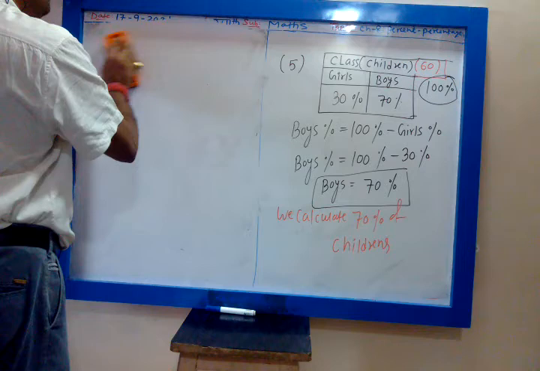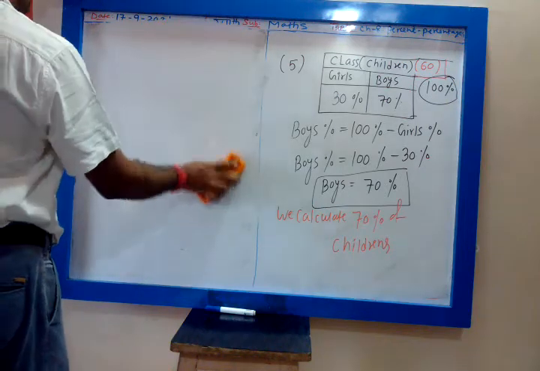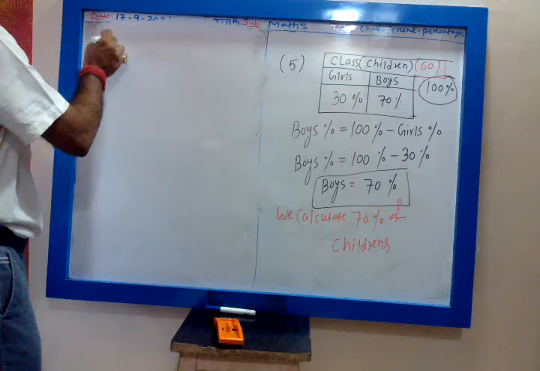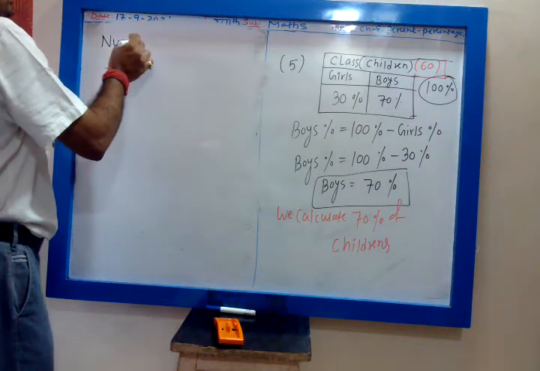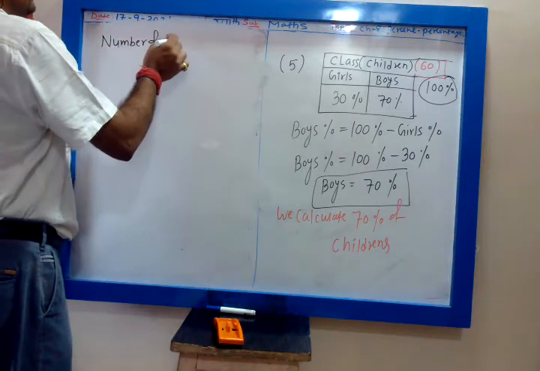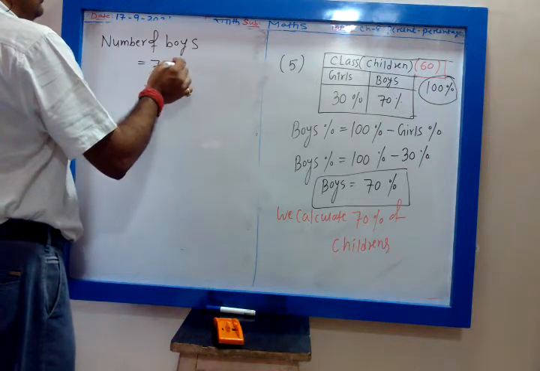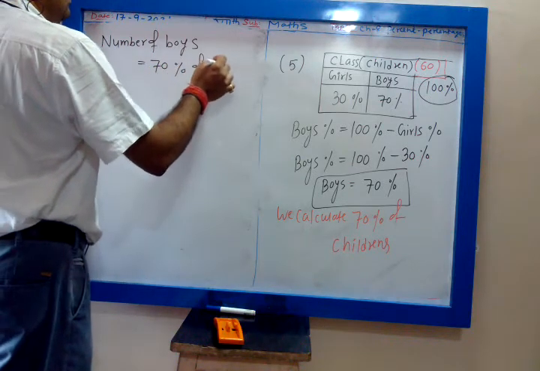We have to find how many. So we write number of boys is equal to 70% of children.